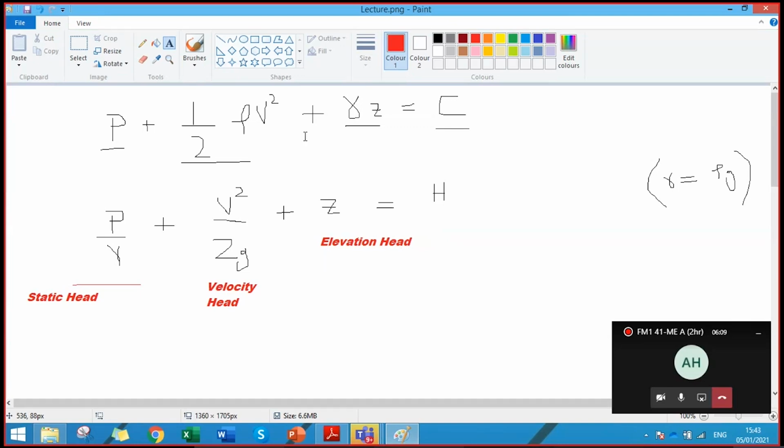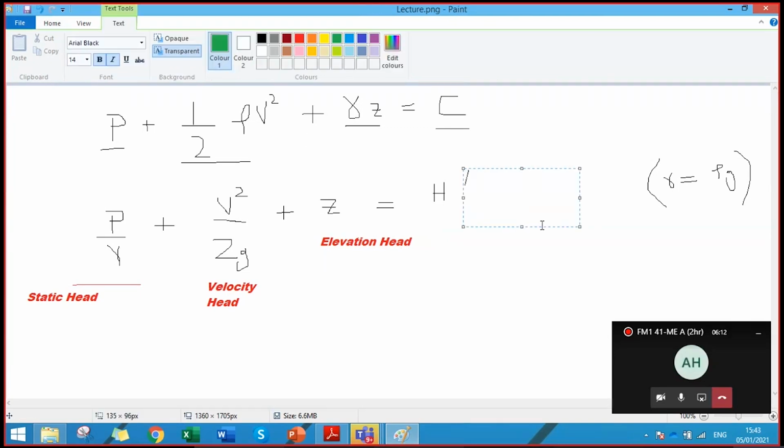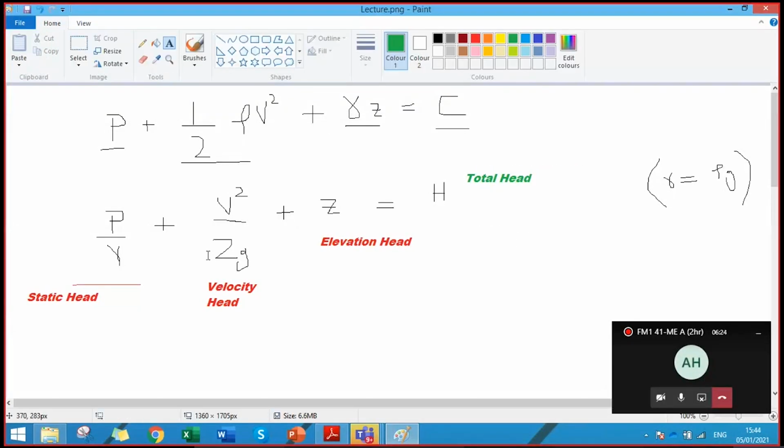And H is called the total head, which is constant along the streamline. So the sum of these three heads, that is static head, velocity head, and elevation head, is called the total head, and it is constant along the streamline. Each of these terms represents a certain height, a certain quantity in meters or feet. Is it clear?